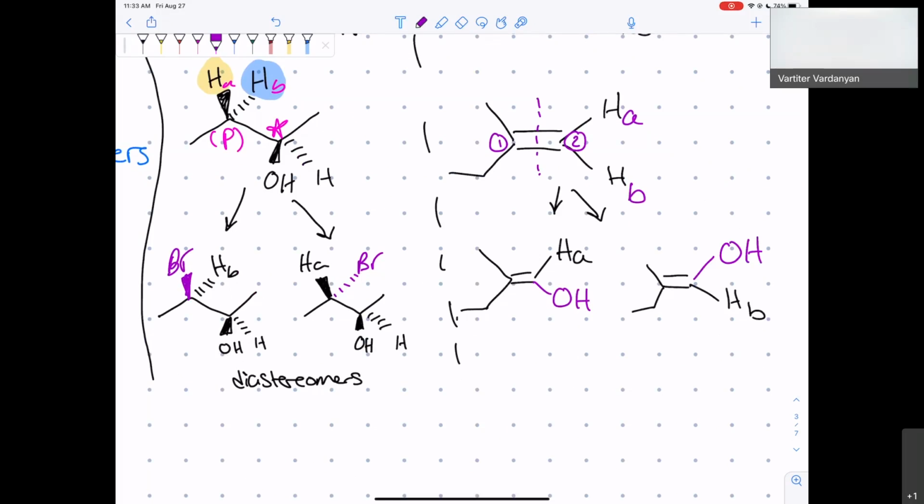But okay, so these are two completely different molecules, right? So how could we name them possibly? Yes, E and Z, exactly. So what would this be? Yes, exactly.